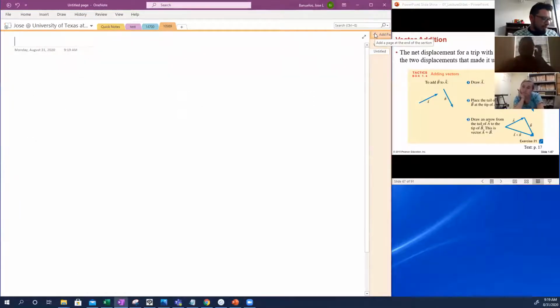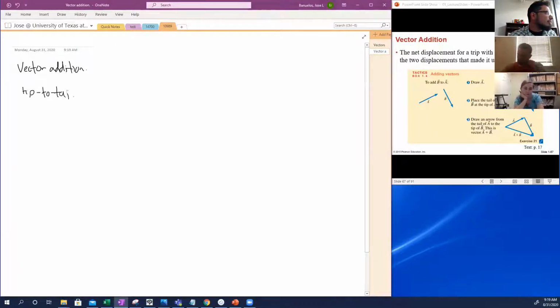So make a new tab here, and we'll call this vector displacement, or I'm sorry, vector addition. The first method I'm going to discuss is this tip to tail method.